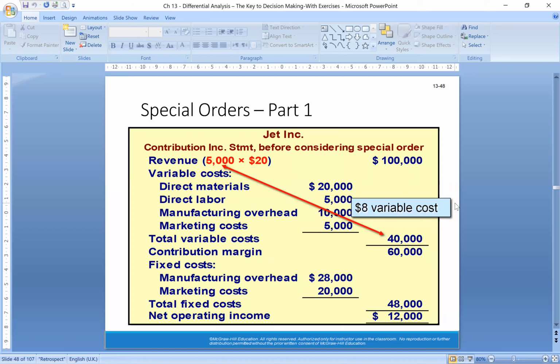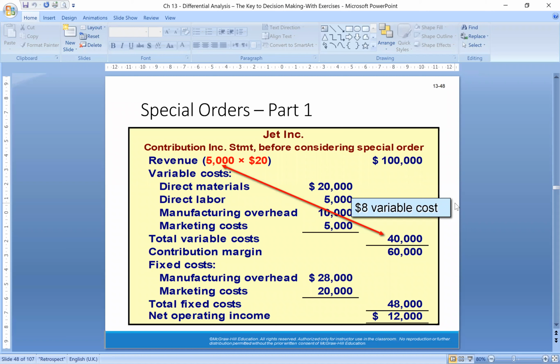What we have now is the contribution income statement before considering the special order. We are selling 5,000 units multiplied by our normal price, which is $20. We recognize revenue of $100,000. The variable costs, materials, labor, manufacturing overhead, and marketing costs, total $40,000.